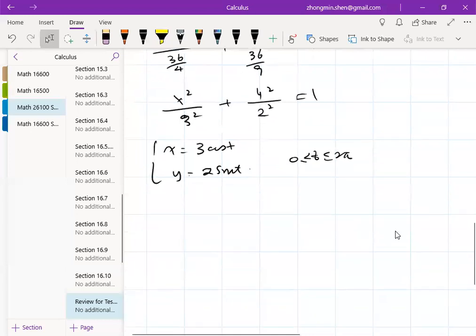Then the line integral becomes, let's see how difficult it is, right? y dx plus x plus y squared dy.